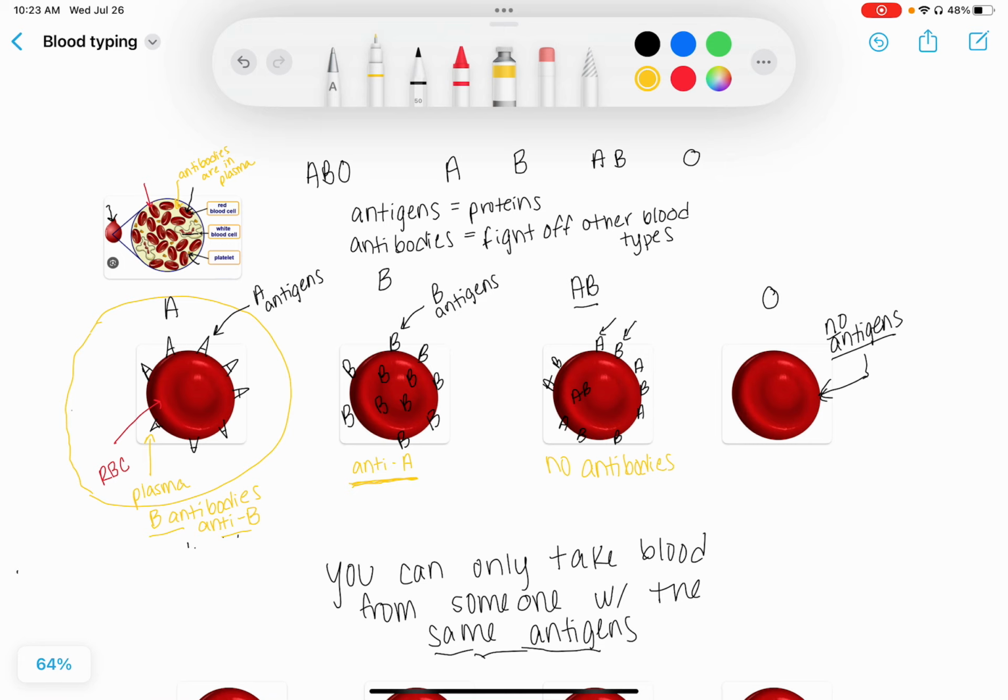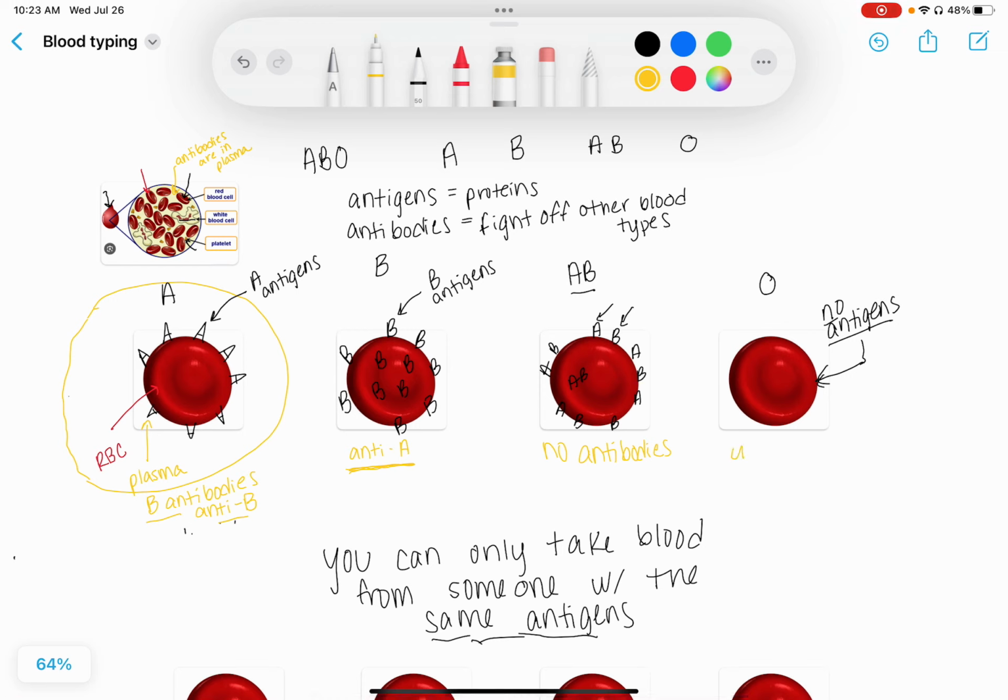O has no antigens, so they can't take blood from A, B, or AB. And what that means is someone with O blood type is going to make antibodies for A blood and B blood. So those are its fighters. It uses A and B antibodies.